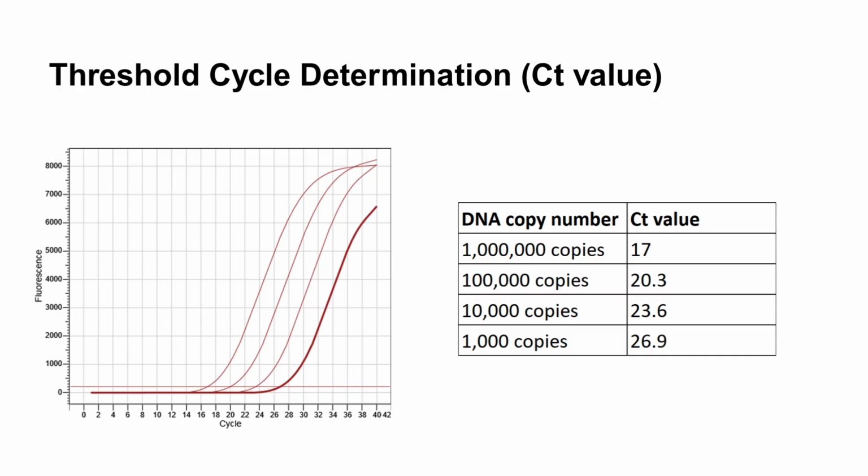So as you can see, based on my initial copy number, the threshold cycle increases. Which gives you the interpretation that the initial amount of DNA is inversely proportional to the threshold cycle.